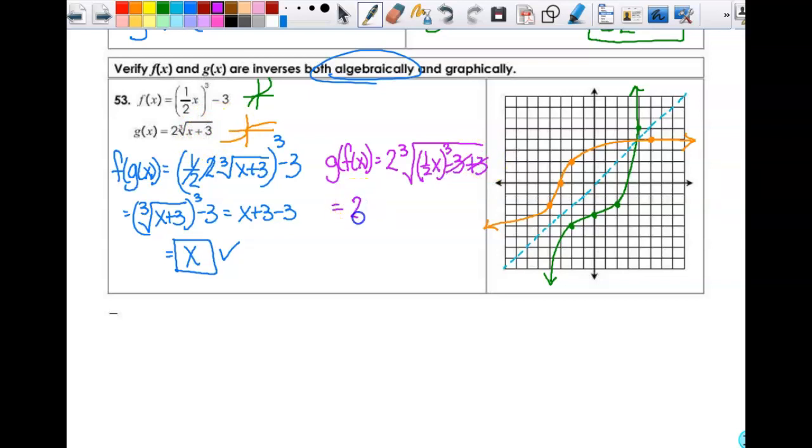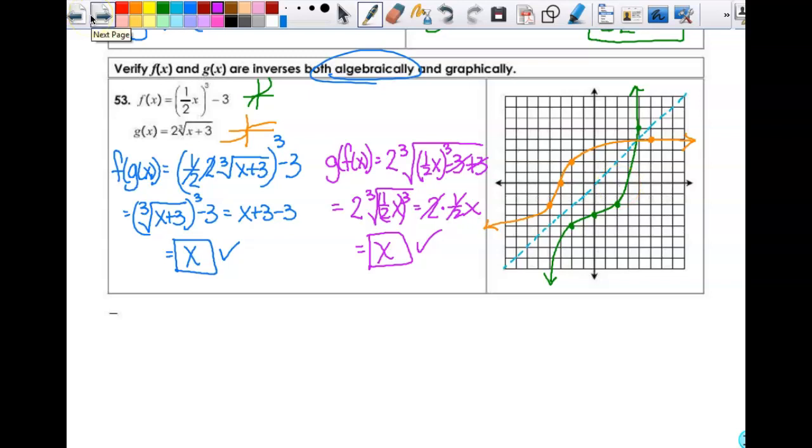So now I have 2 times the cube root of 1/2 times x cubed. When I take the cube root of that, that's going to give me 2 times 1/2 times x. That equals x. And all is well. That's my verification algebraically. Verify graphically, verify algebraically.